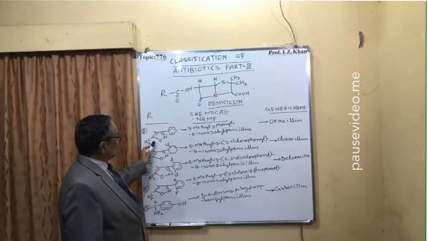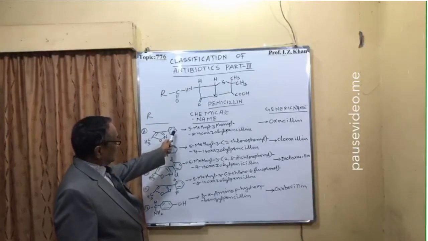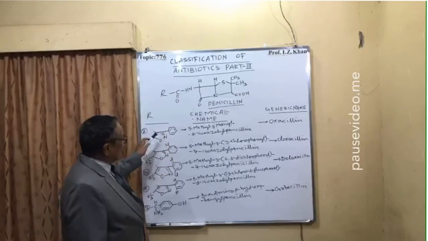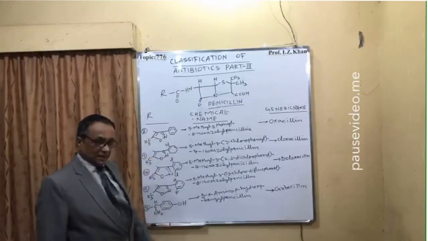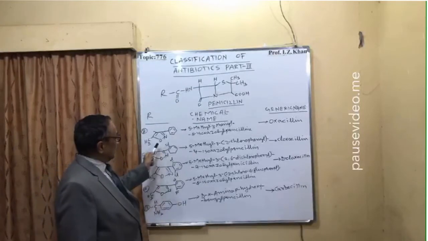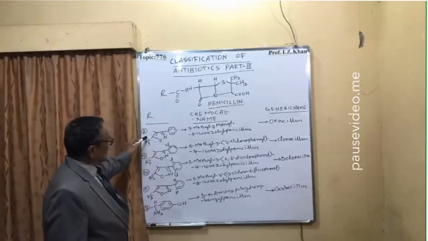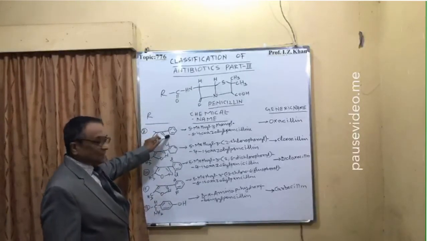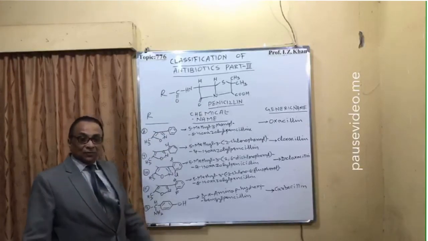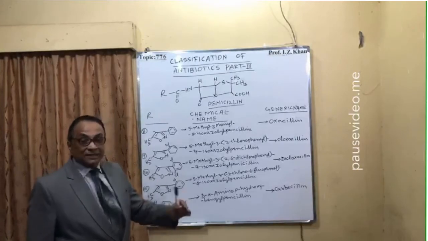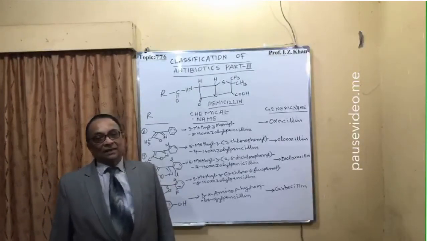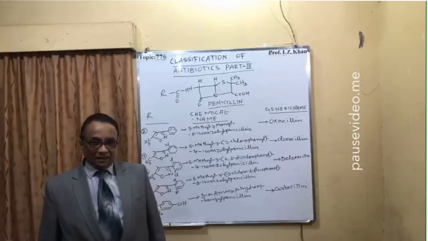Once this group is substituted here, this is your aromatic ring, 6-member, and this is your 5-member ring containing nitrogen and oxygen. Sometimes here it is a methyl group, sometimes in that aromatic ring either chlorine or fluorine is substituted. On the basis of those substitutions, their chemical names and generic names are given.